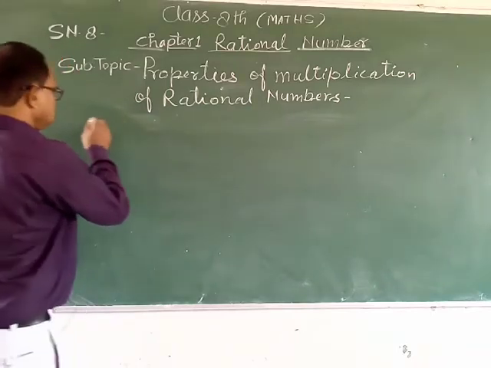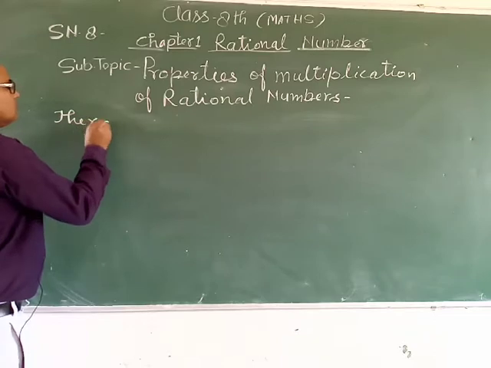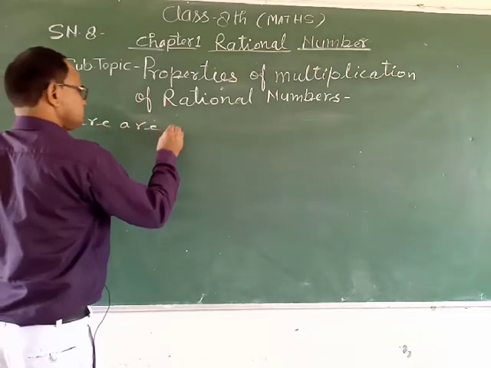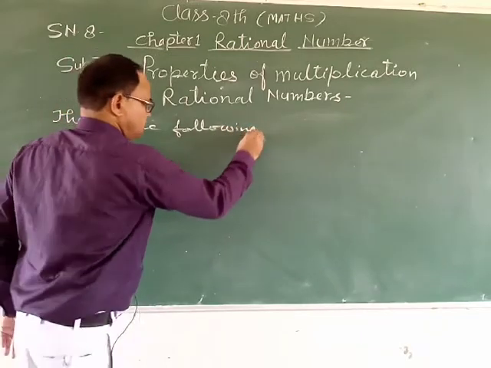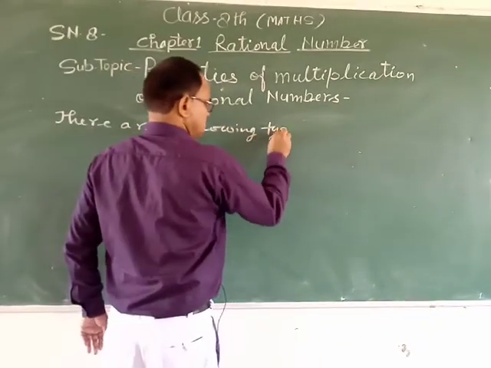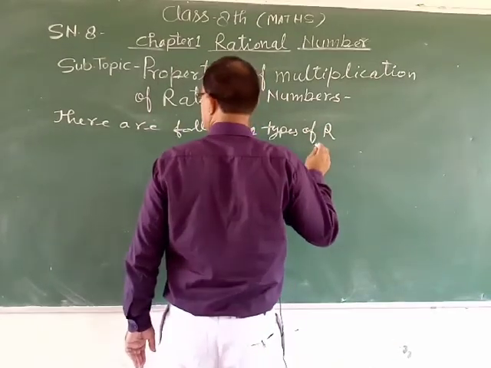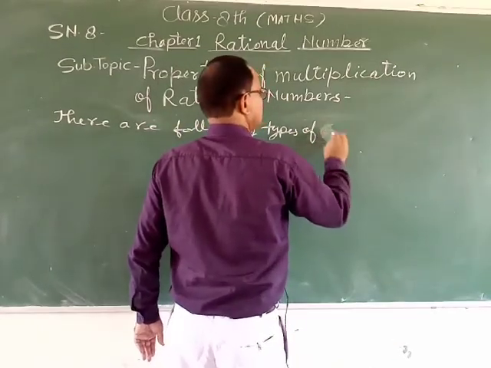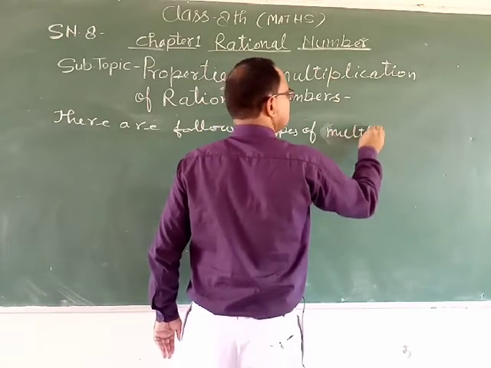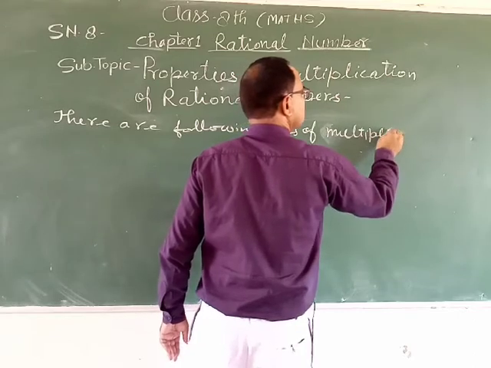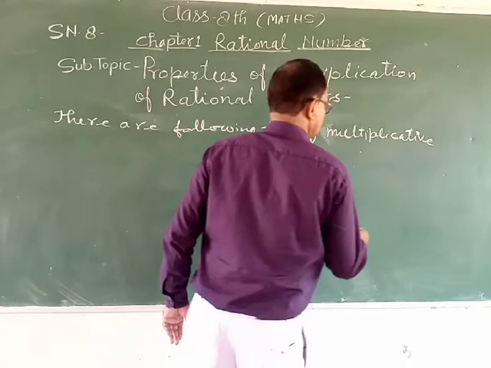Okay, students, here there are the following types of multiplicative properties of rational numbers.